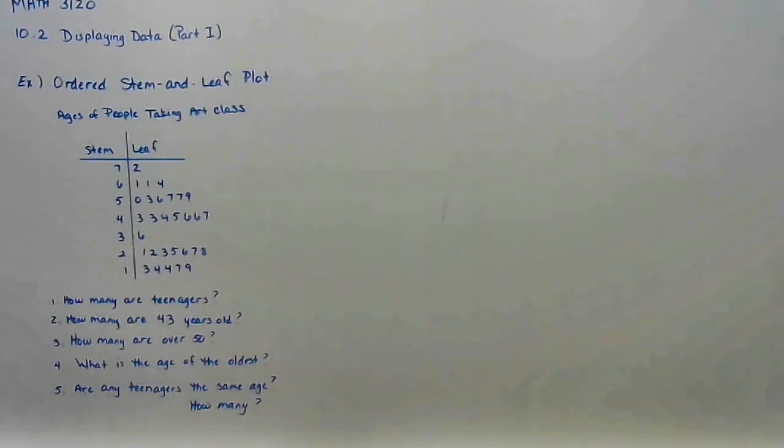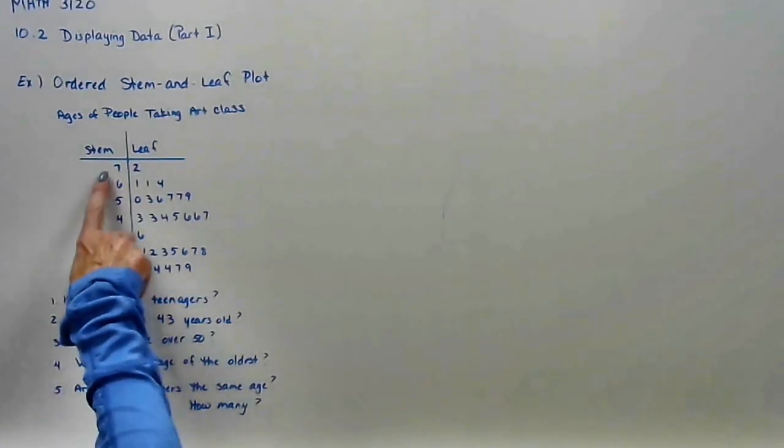Okay, so here's an example of an ordered stem and leaf plot. It's on that second page of examples that are in your module. We have a stem and leaf showing the ages of 30 people taking an art class. The stem represents the decade.